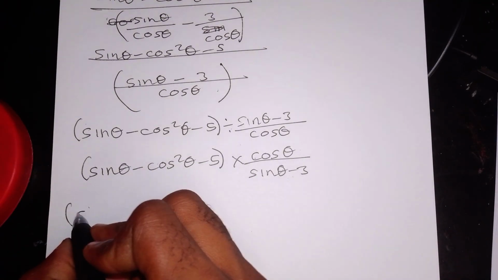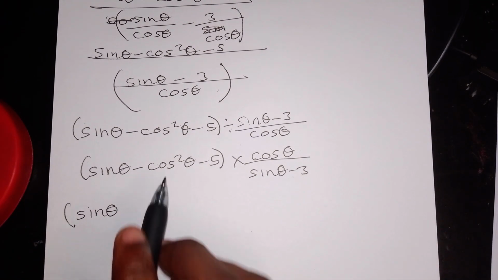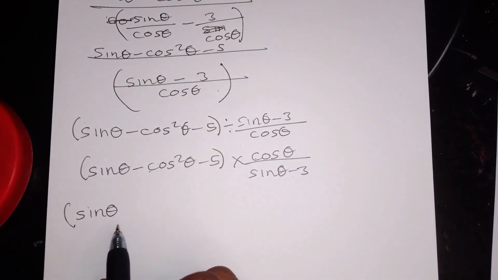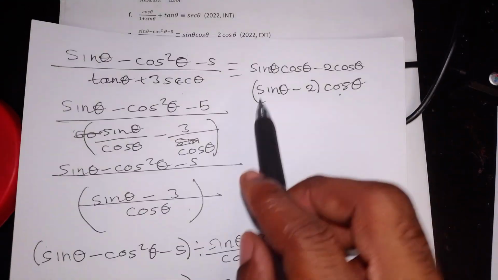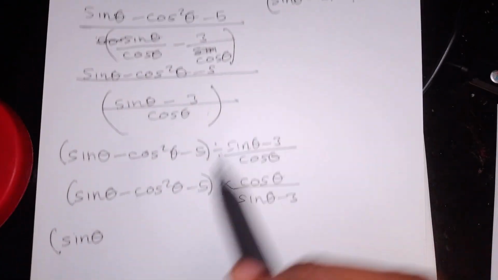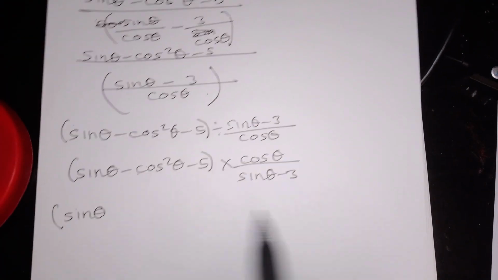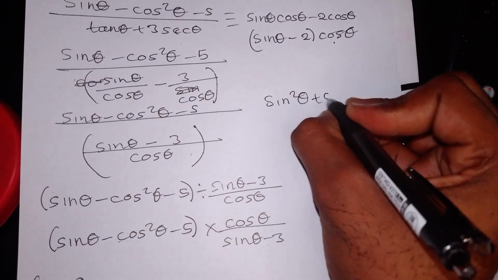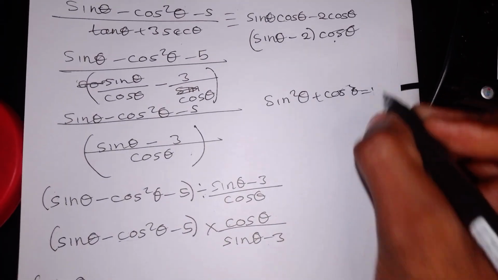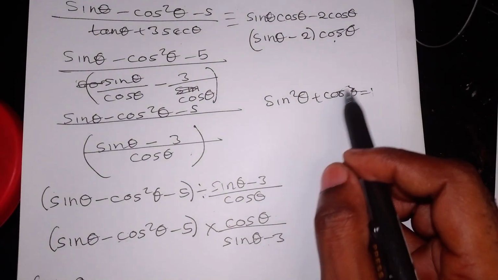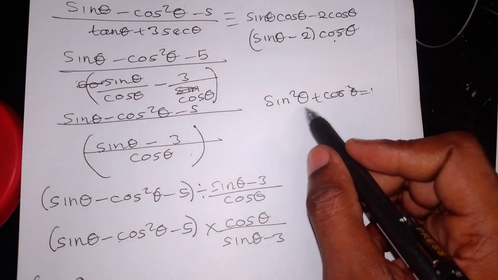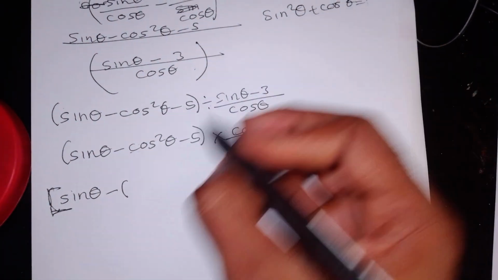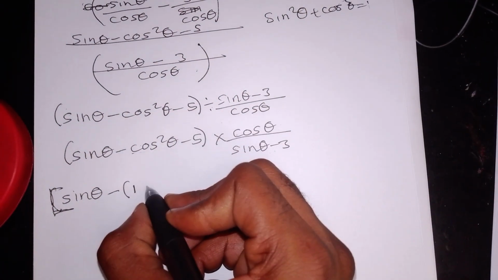I think I solved this at one point on YouTube. So this one will be, remember we do not have any other cos here, so we want to change this one to sine. So from this identity, once again, we know that cos squared theta is 1 minus sine squared theta. So maybe I can use square brackets so that I can accommodate this.